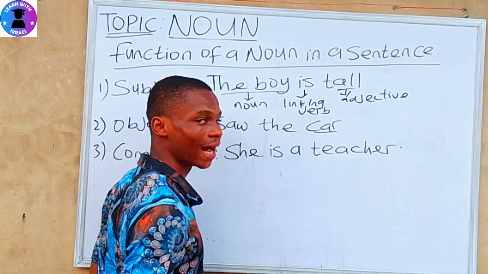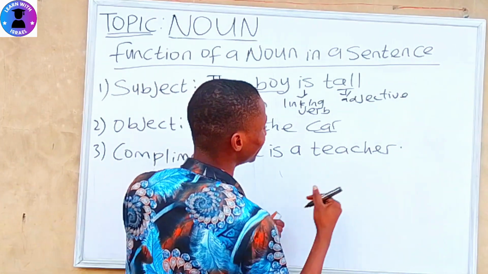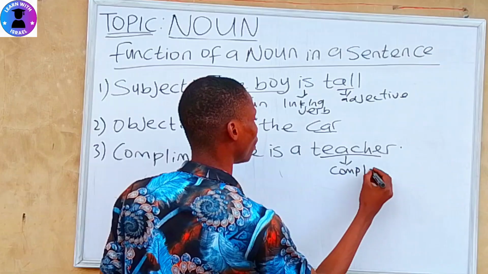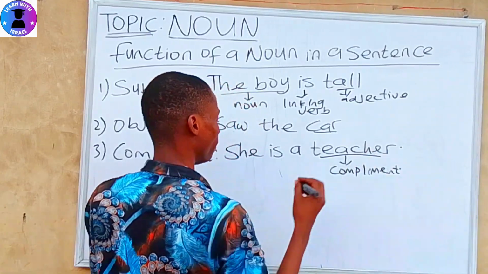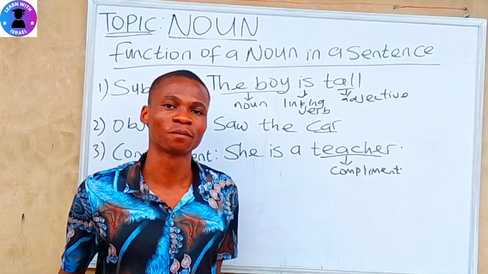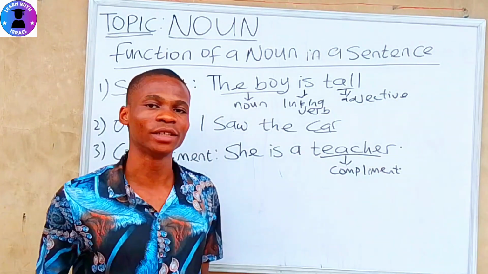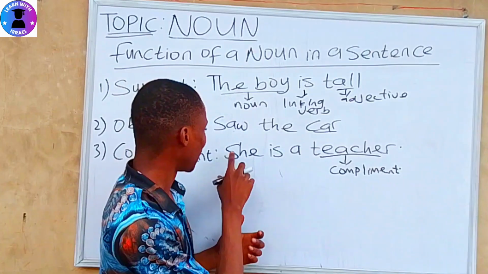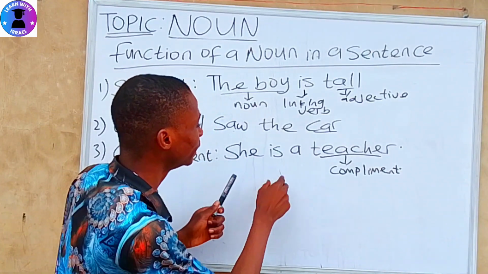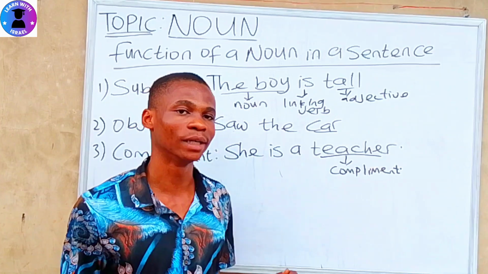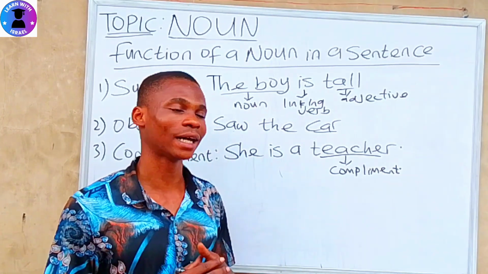This a is an article and teacher is a noun and it's also a complement. They are complementing that she is a teacher. I am a tutor. Yes, Israel is a tutor. So that's complement, saying Israel is a tutor. That tutor is a complement. I hope you understand that now.